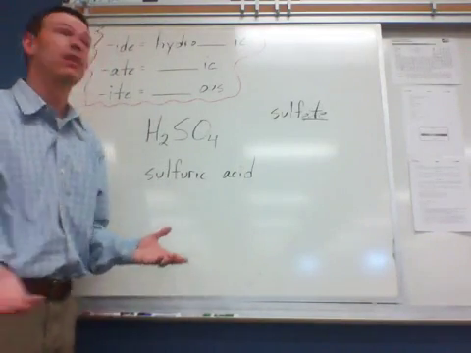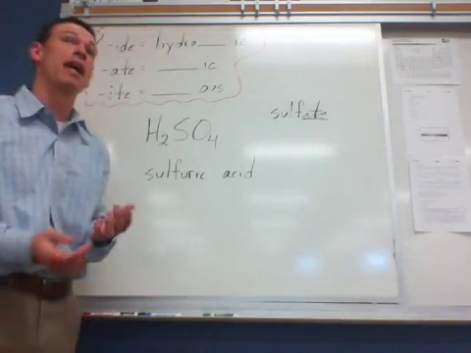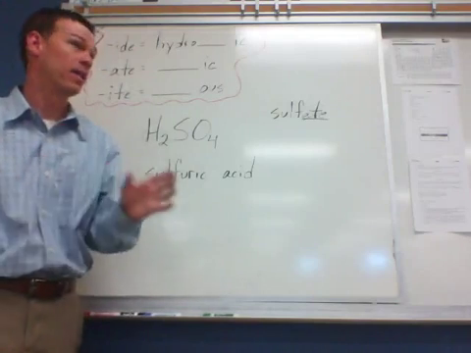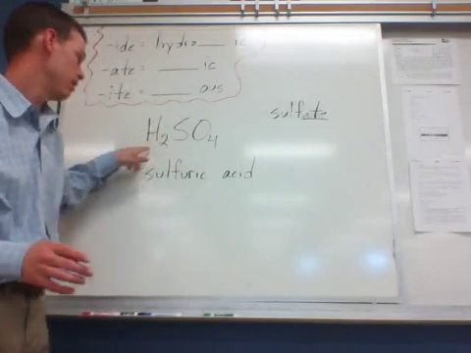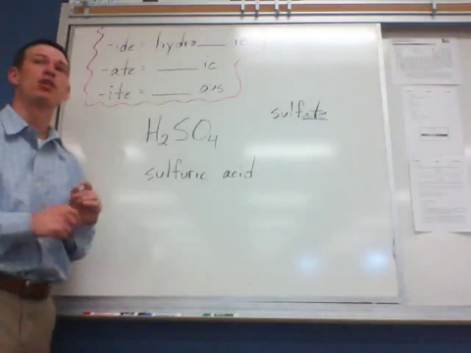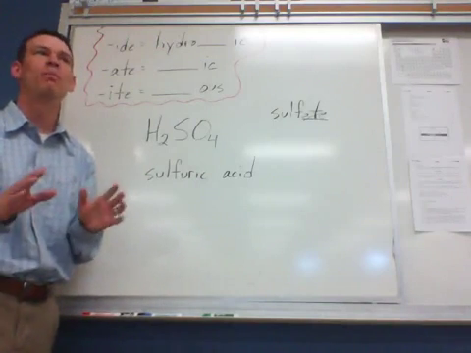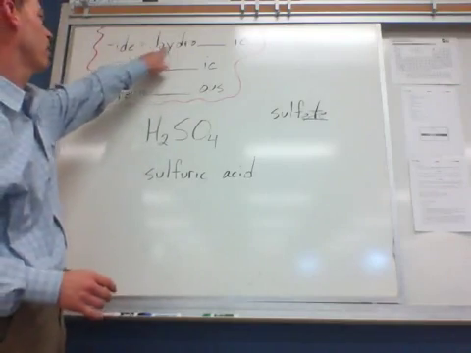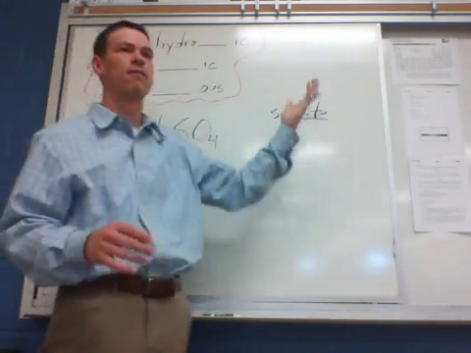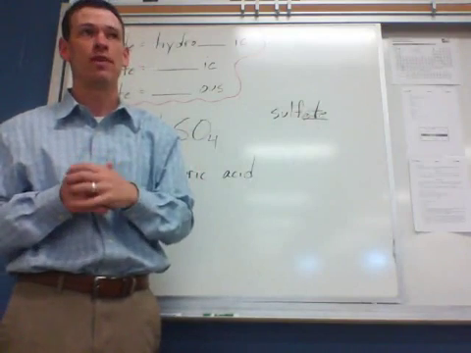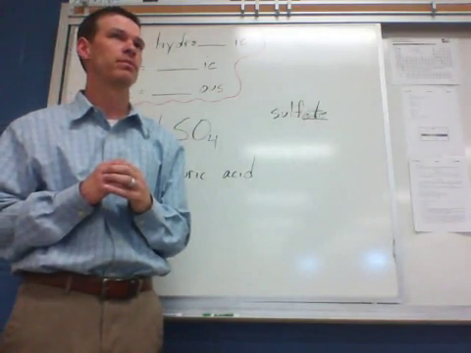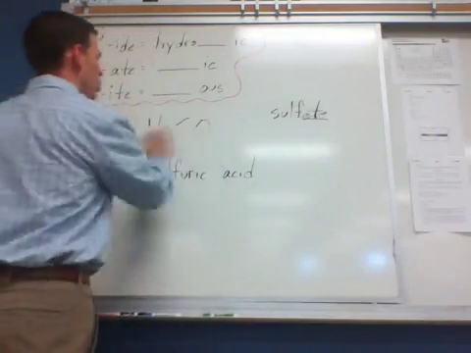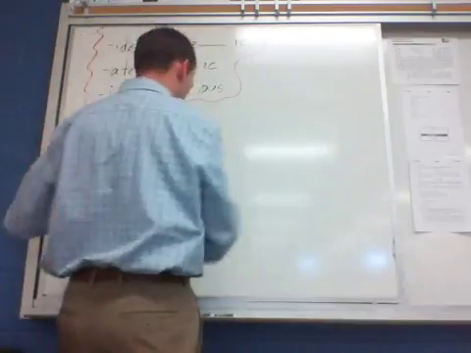That's just not the case. Most of the time, their names do not start with hydro. They always have hydrogen at the beginning, but they do not always have hydro at the beginning of their name. So don't be that student. The only time hydro gets to be a part of their name is if the original suffix was ide, which will be true one third of the time. You try a couple, and then we have to name them the other direction.